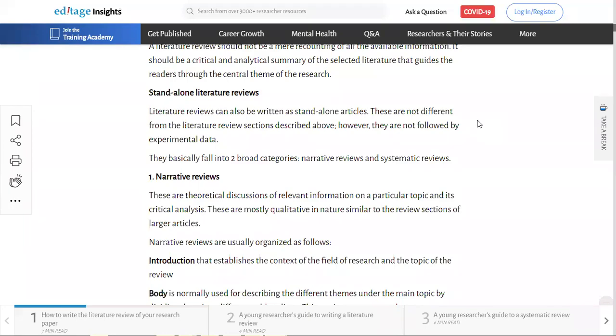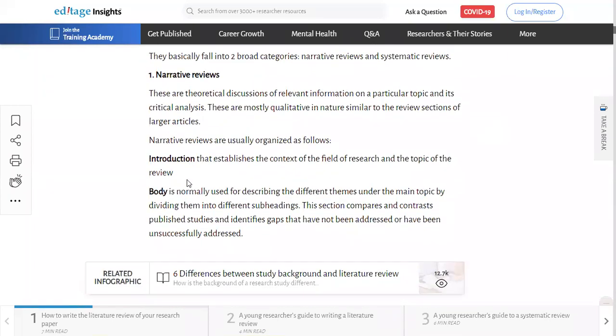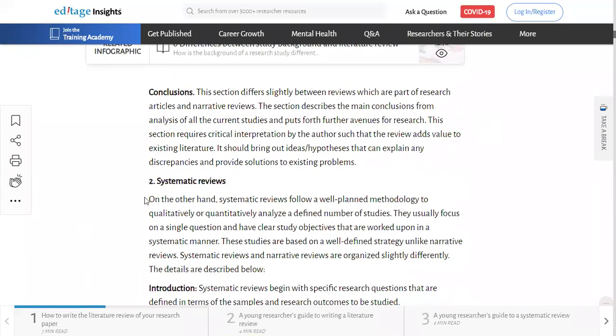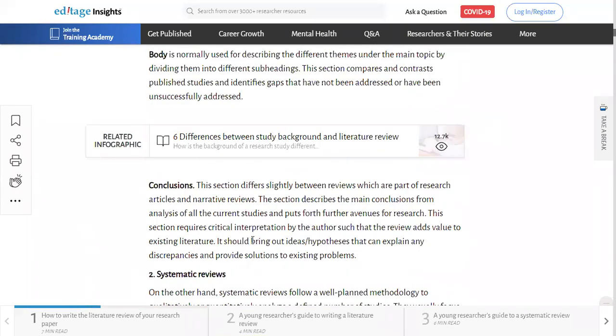The first one is going to be just related to reviewing the literature, the studies, as narratives, right? So you're going to write an introduction, the body paragraph, the body issue, right? And then conclusions about those issues. Therefore, you can use it like a form of summary or a form of critique, right?